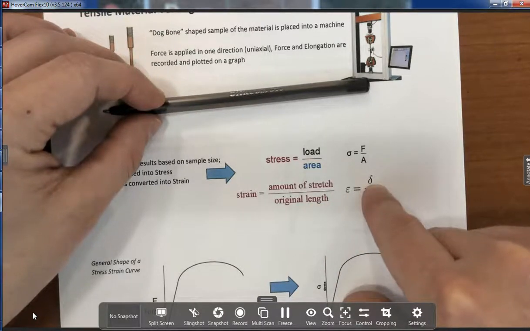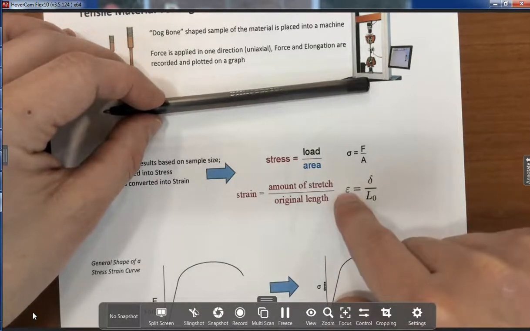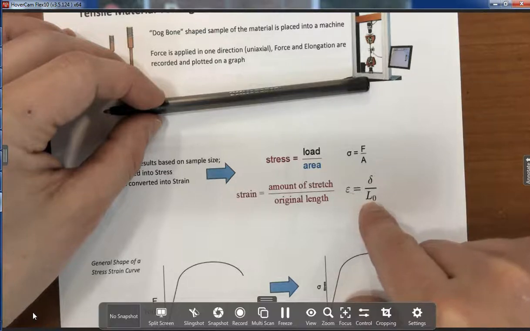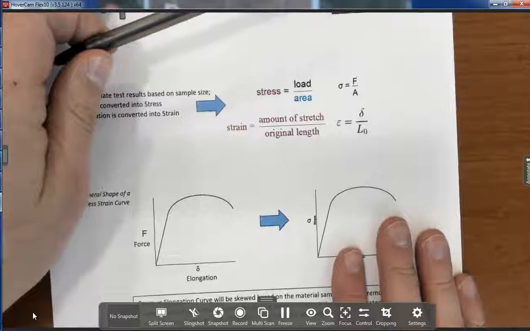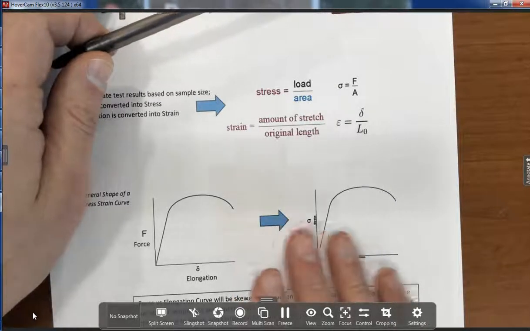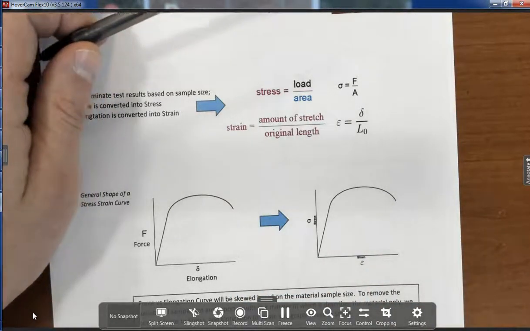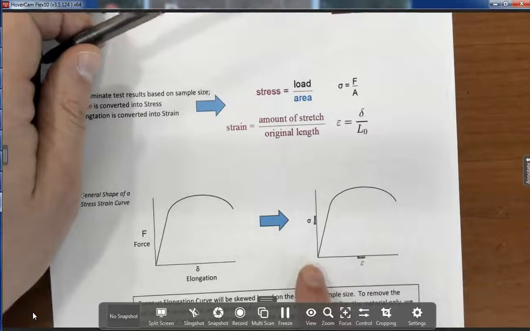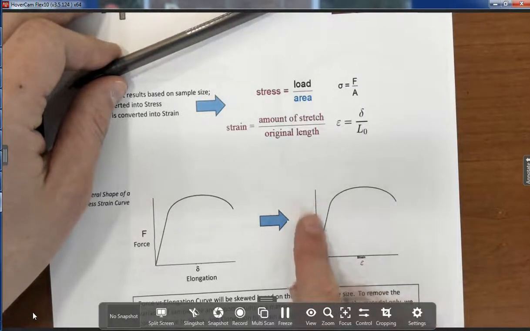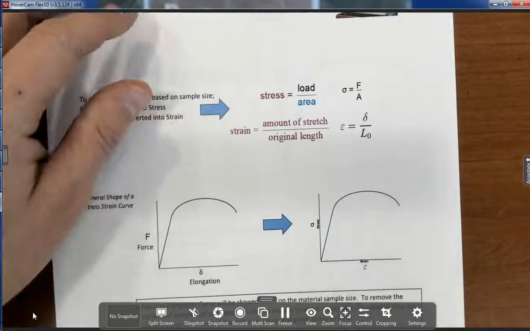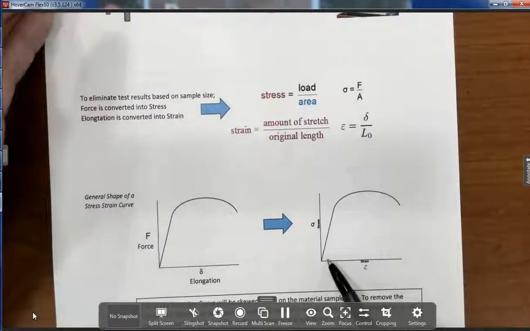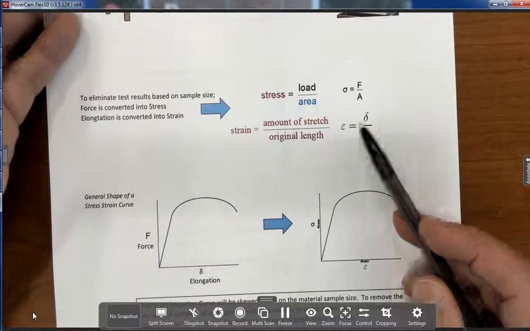And here's the elongation symbol. Okay, this is the symbol for strain. This represents the original length. Okay, so we can graph and plot stress and strain. As we add stress on the y-axis, if we start plotting, what we expect is that the material is going to experience strain.